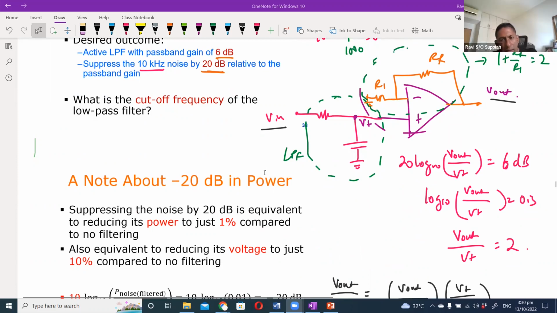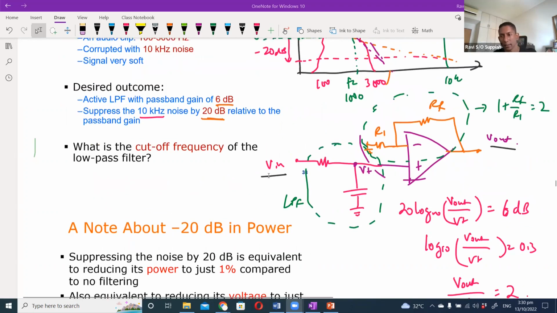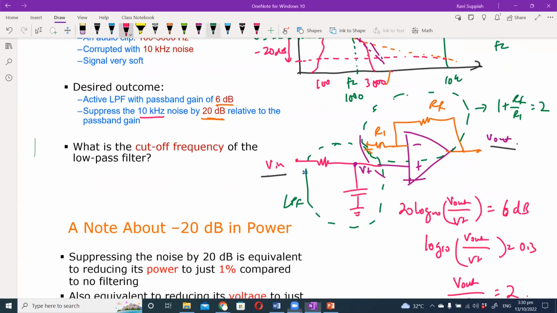You use 20 log base 10 of V out over V plus equals 6, right? Because this is the gain with respect to the filtered signal, not the input signal. After passing through the filter, the signal is V plus, so that's why we use V plus over here. Okay, thank you.